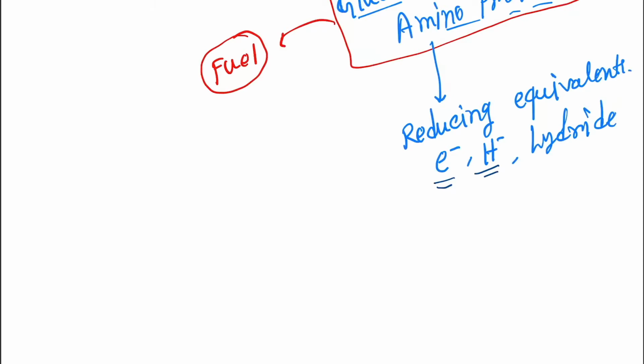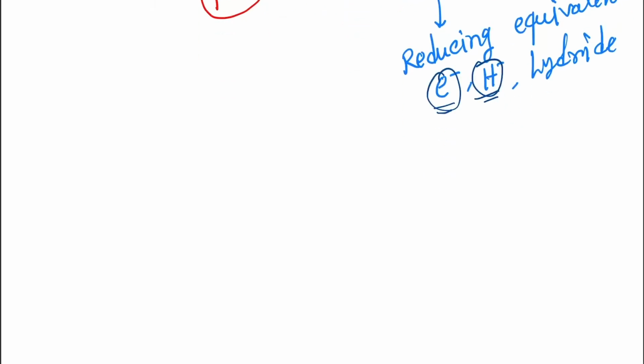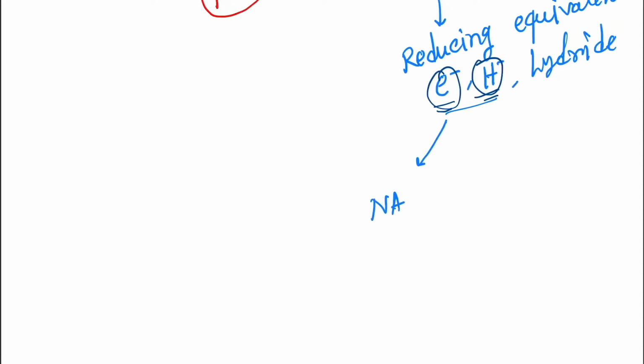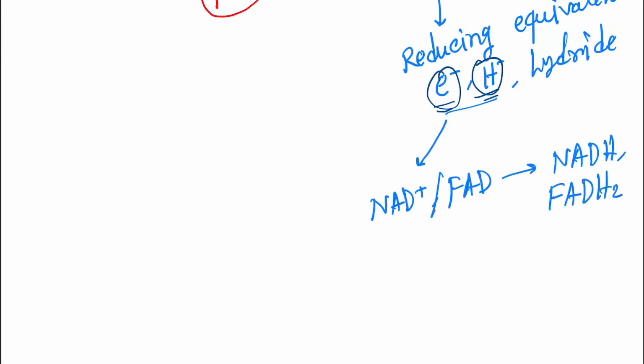Their combinations form different products. These are transformed to specialized coenzymes, that is NAD plus or FAD, to form NADH and FADH2.